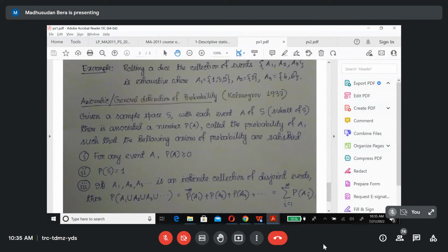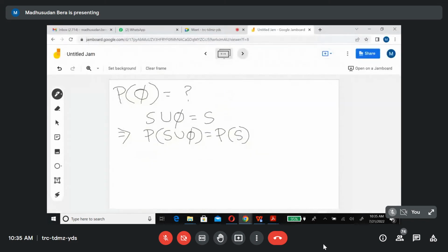If A1, A2, and so on are an infinite collection of disjoint events, then the probability of their union is equal to the sum of their individual probabilities. So here S and phi are mutually exclusive.